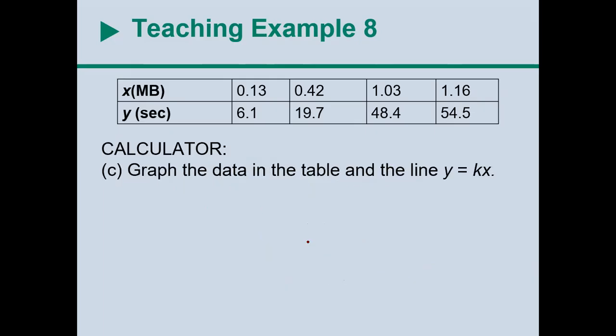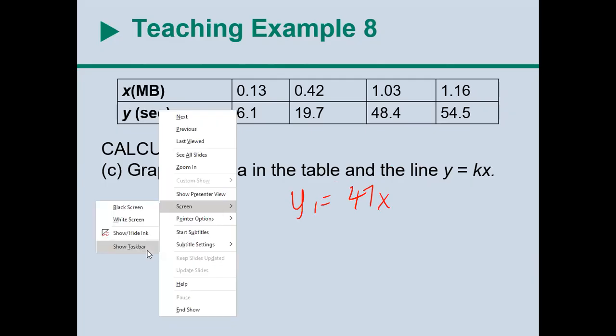Okay, calculator. You can graph this in the calculator once you have your k, and look at the line and answer any questions. I don't think I really need to go over how to graph this in the calculator. So in the calculator, you go to Y1 and you type in 47x. You can look at the table, you can evaluate. Oh, that is what I wanted to show you. I lied. I did want to show you on the calculator.